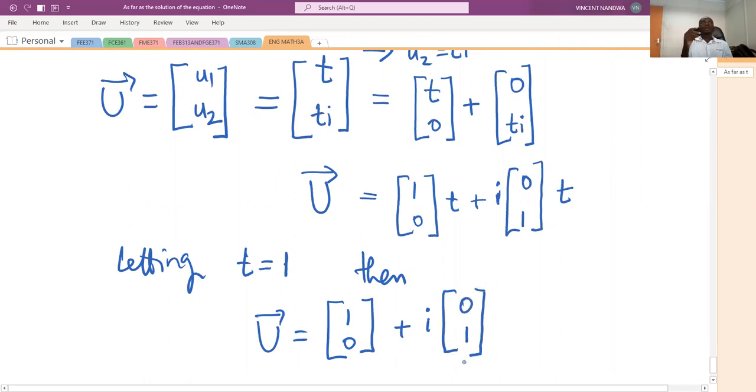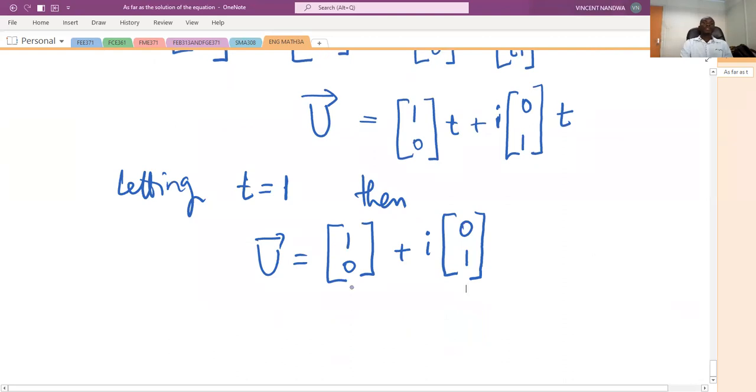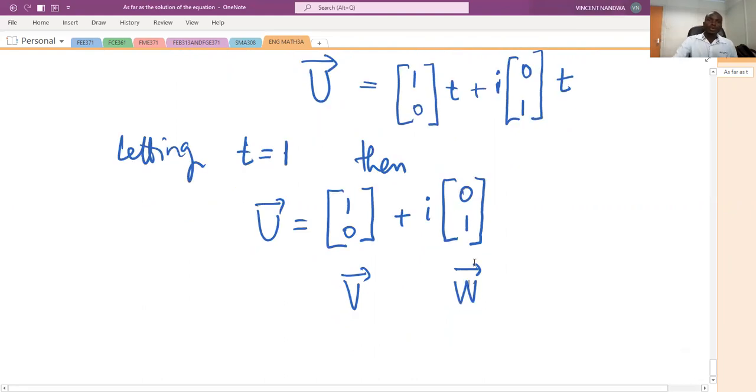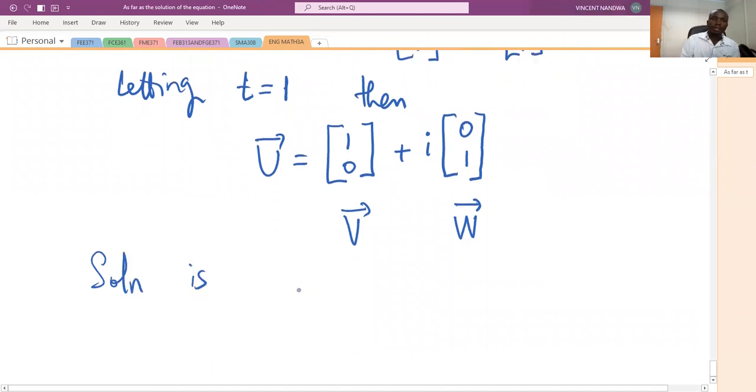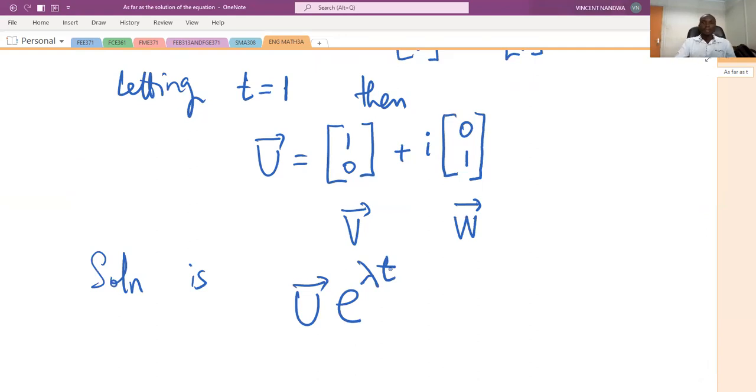If you remember well in our discussion, the introduction of this part, the vector eigenvalues method, this is what we call the V, and this is what we call the W. So the solution is u e raised power lambda t. This by definition is how we write our solution.